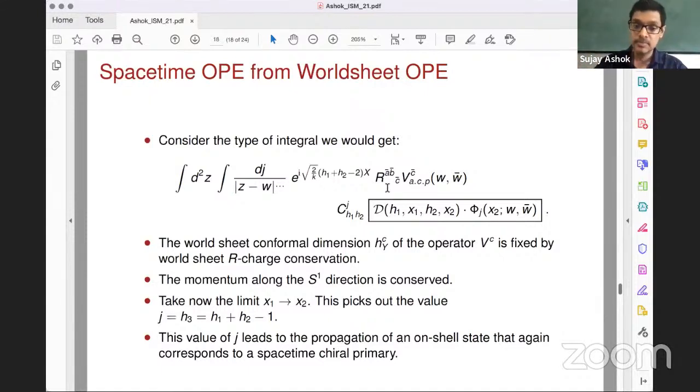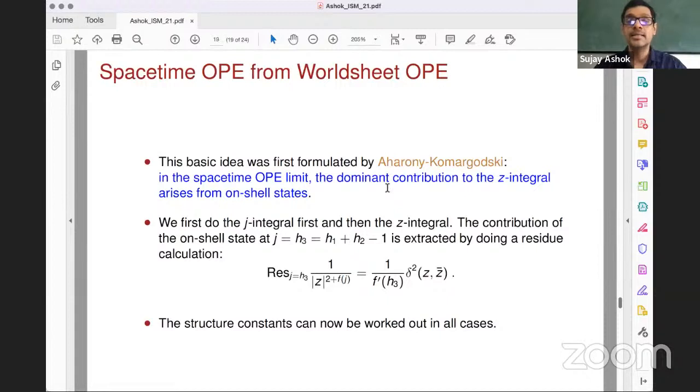I'll say this again, and this is a point that was made by Aharony and Kutasov back in 2007 or 2009 maybe, where they were also trying to derive the spacetime OPE from the worldsheet OPE. They found that in the spacetime OPE limit, the dominant contribution to this worldsheet integral arises from on-shell states.